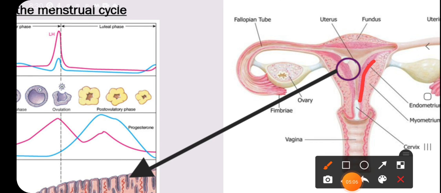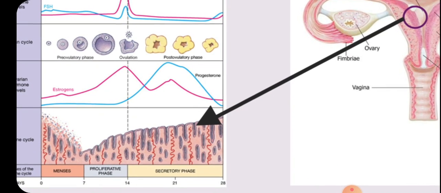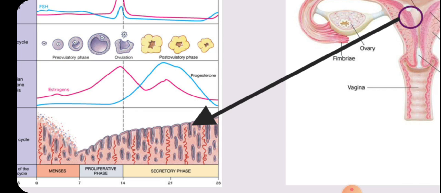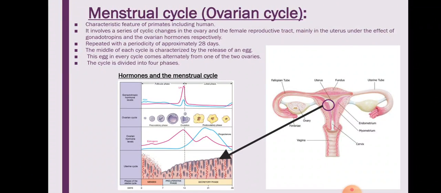This region is called the endometrium of uterus. Here this endometrium is sloughed off, or it ruptures, and is released in the form of mucus and blood, which is called the menses.